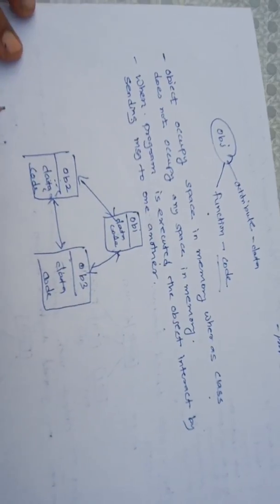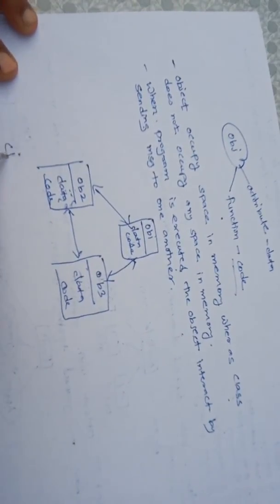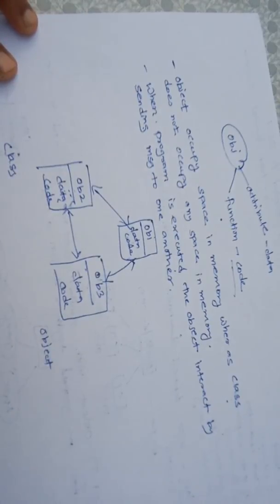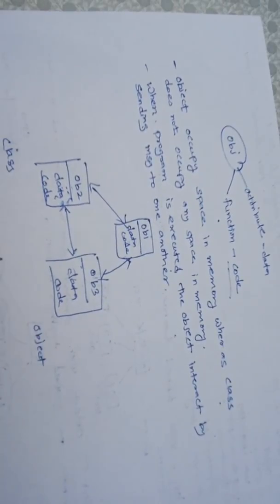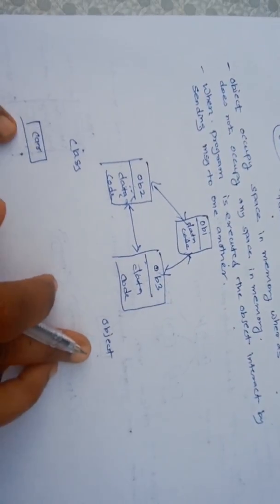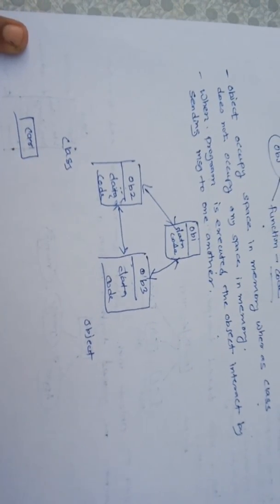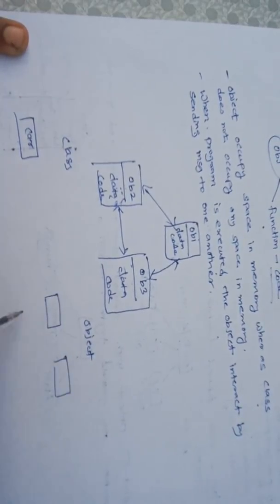Now we will see the difference between class and object. Suppose car is the class, whereas objects are nothing but instances of that class. For example, here are different types of cars like Audi, BMW, i20.